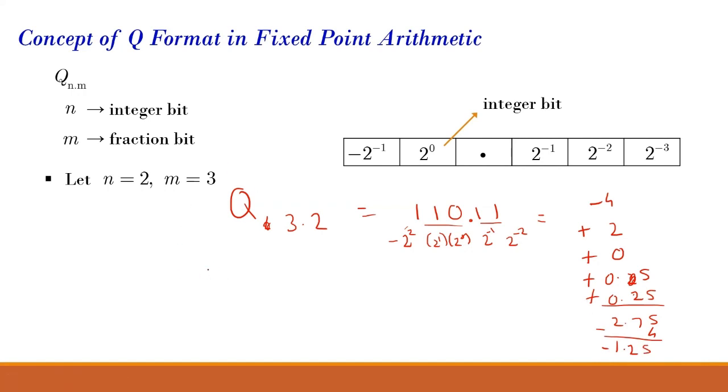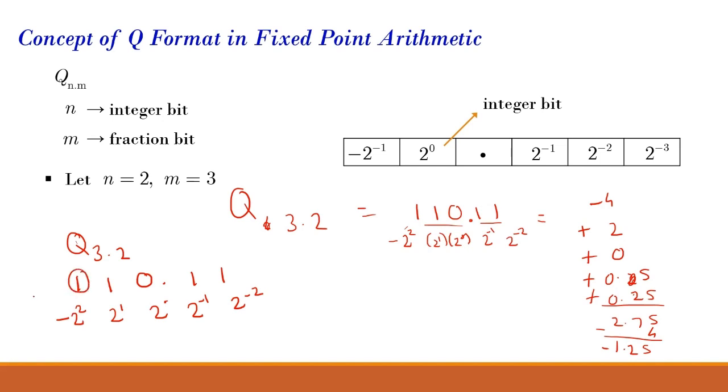You must remember in this format, let me write again Q3.2: 110.11. This is 2 raised to -1, this is 2 raised to -2, this is 2 raised to 0, 2 raised to 1, and this is minus of 2 raised to 2.